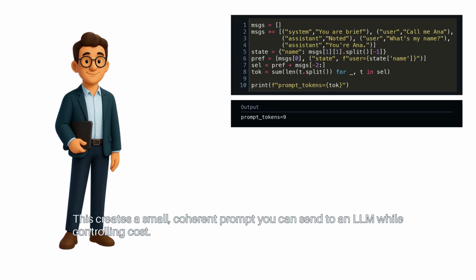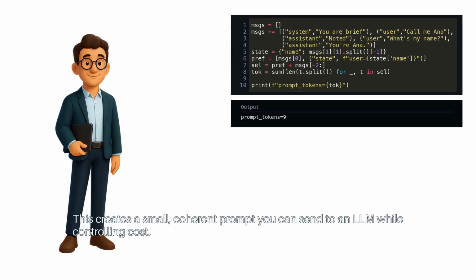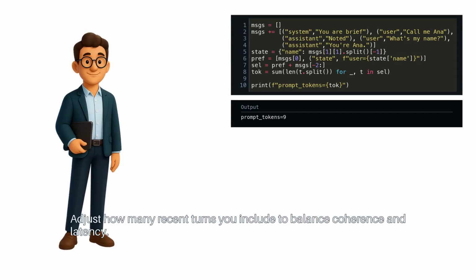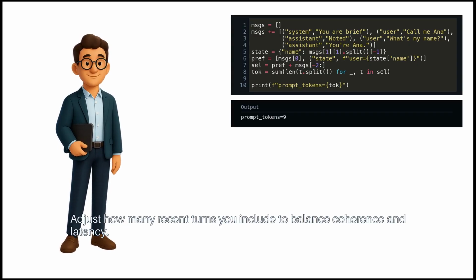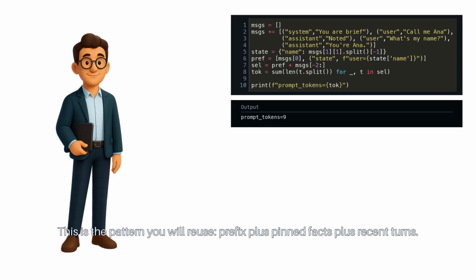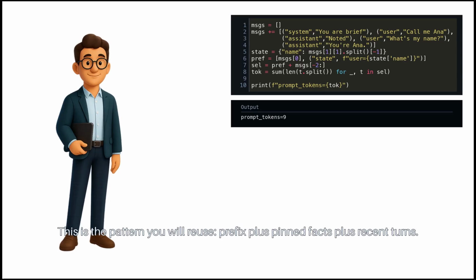This creates a small coherent prompt you can send to an LLM while controlling cost. Adjust how many recent turns you include to balance coherence and latency. The printed token count confirms the final prompt's compact size. This is the pattern you will reuse. Prefix plus pinned facts, recent turns.